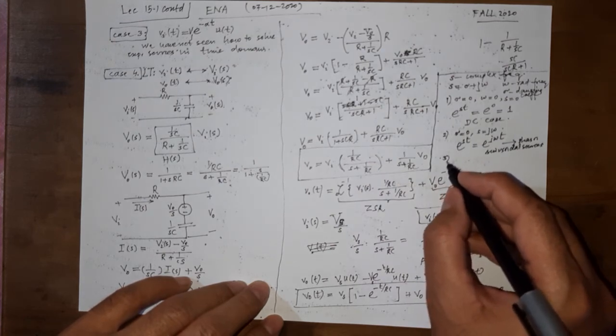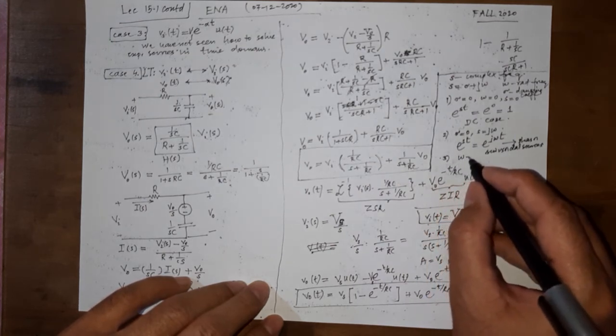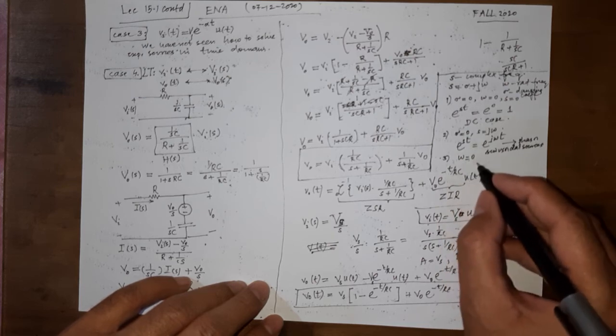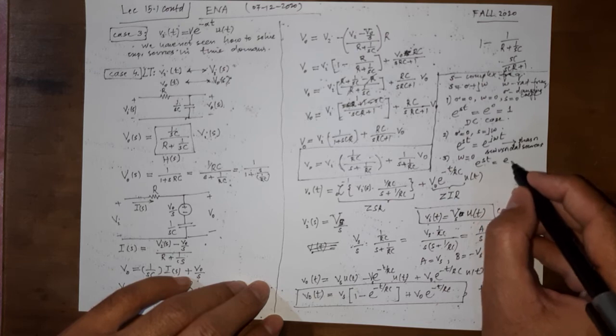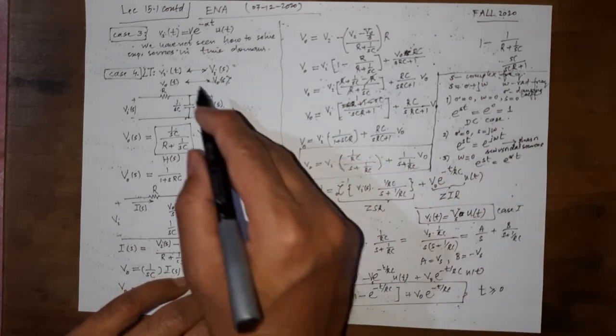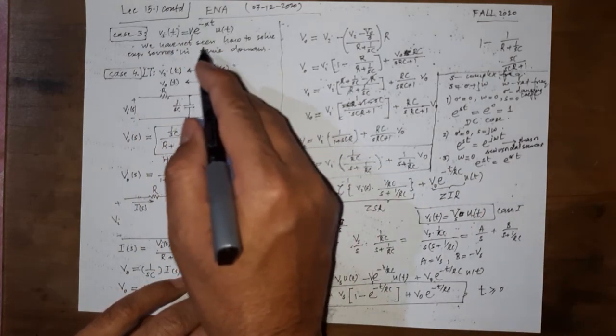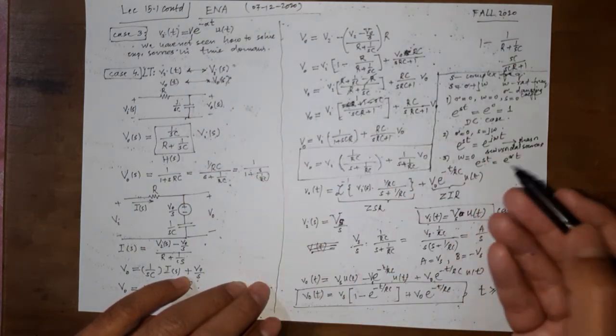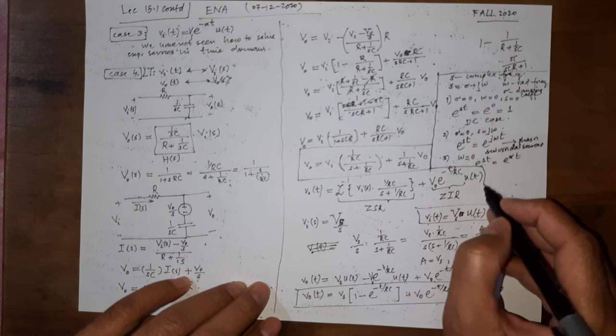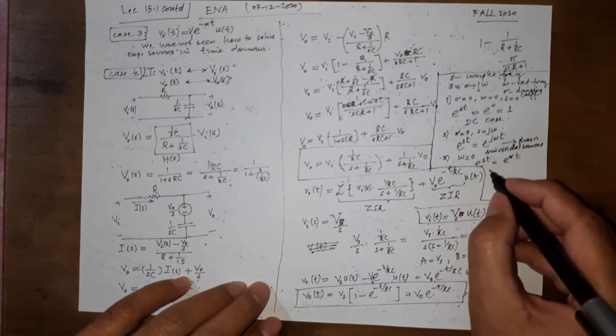So if we have omega equal to 0, e raised to power st would be equal to e raised to the power sigma t, which is this case 3, which we have not seen how to solve in the time domain, could be solved using the Laplace easily, because it covers that in its original definition.